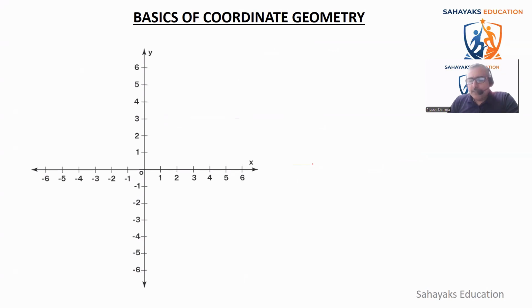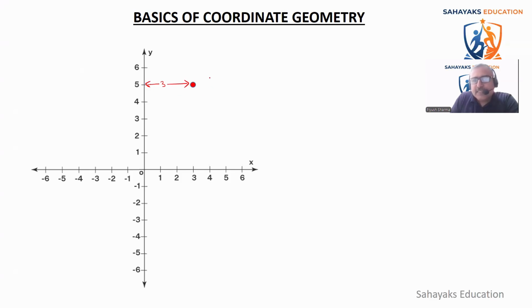Now coming to certain other things. So how exactly do we locate a point? Now you can see this red point. What is the distance of this point from the x-axis? It is 3 centimeters or 3 units. Now this distance from the y-axis, not from the x-axis, the distance from the y-axis is called the x coordinate.